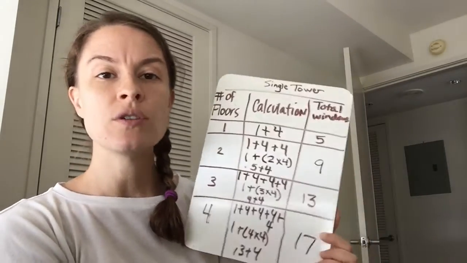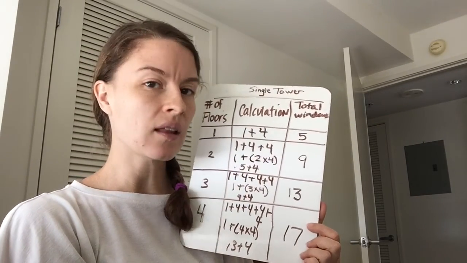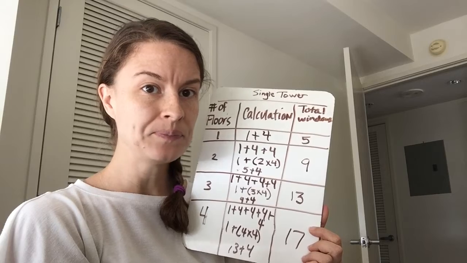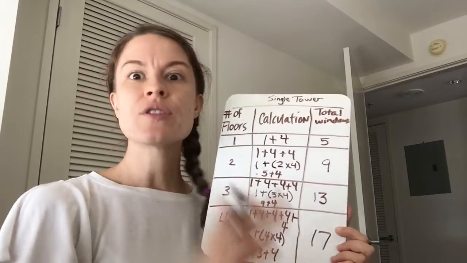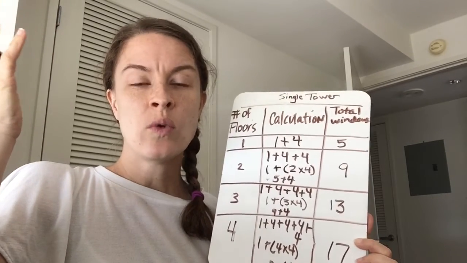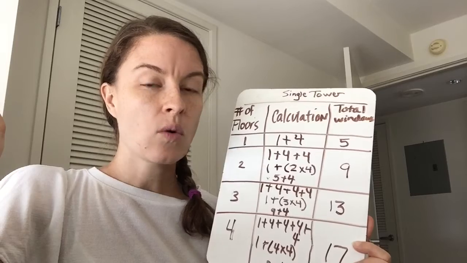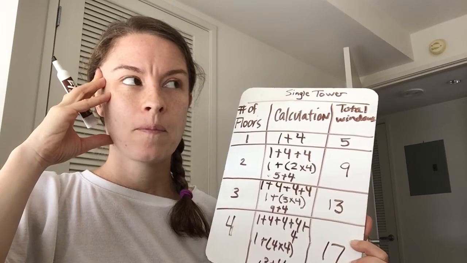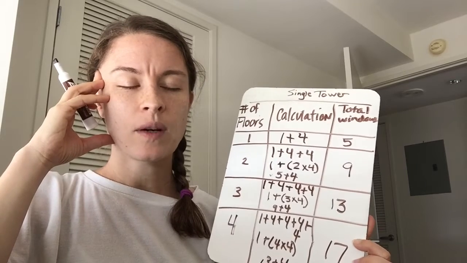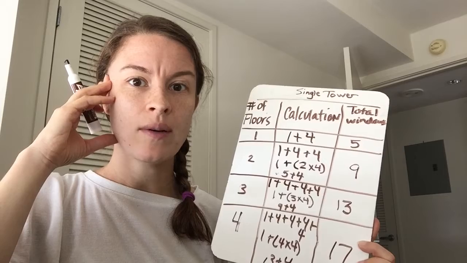Okay, so I want you to notice, like looking at the total windows, do you notice something that all of those answers have in common? Like could there be like an understanding that when you're doing a single tower, there's always or there's never. Could you create some kind of rule, but not the expression type of rule, but like some kind of understanding agreement that a single tower always has?